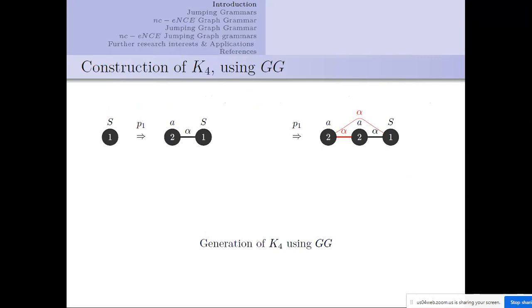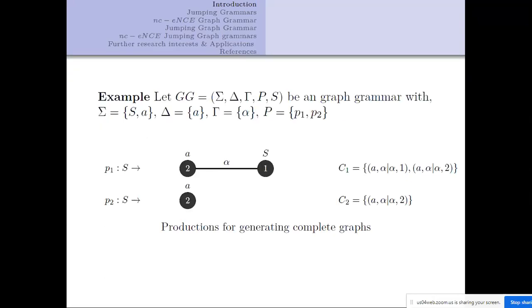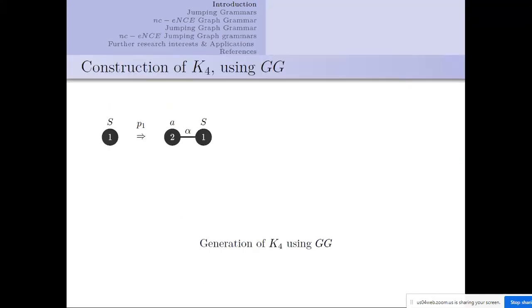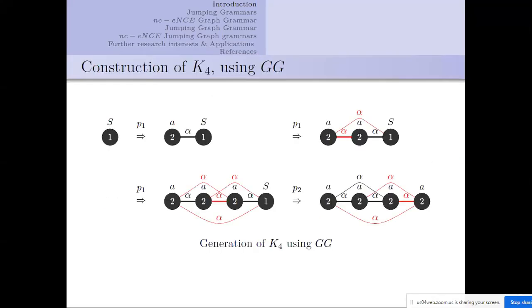Then again, I repeatedly use this rule so that the capital S labeled node gets removed and replaced with a graph called AS. You can see the ones in red are the connections established based on the connection instructions shown on these production rules, at the far right of each production. Similarly, this process goes on and ends up in a complete graph of size 4.